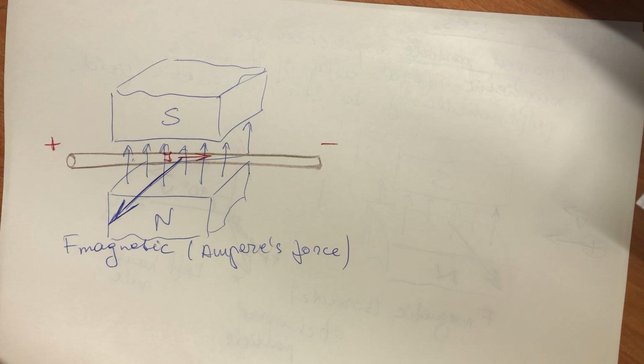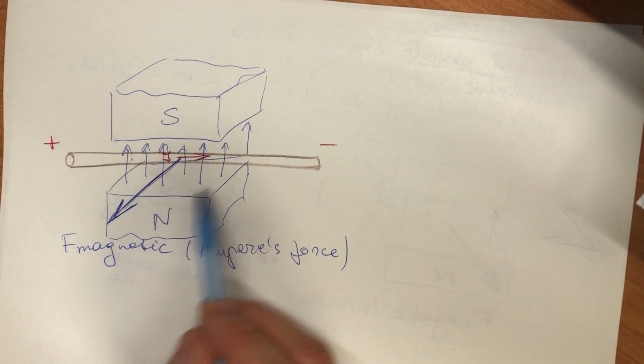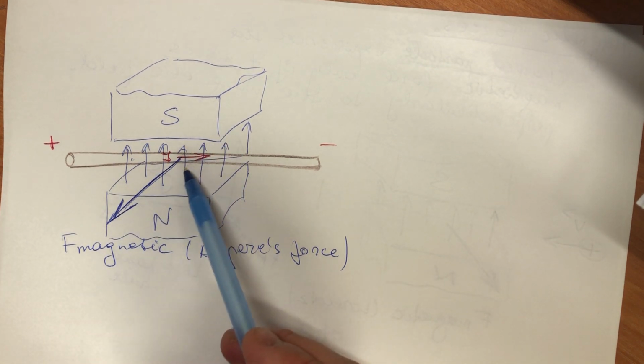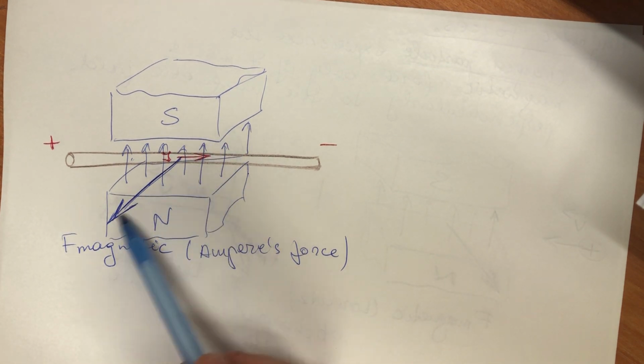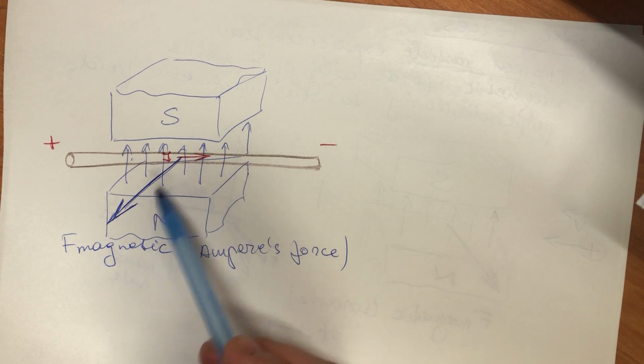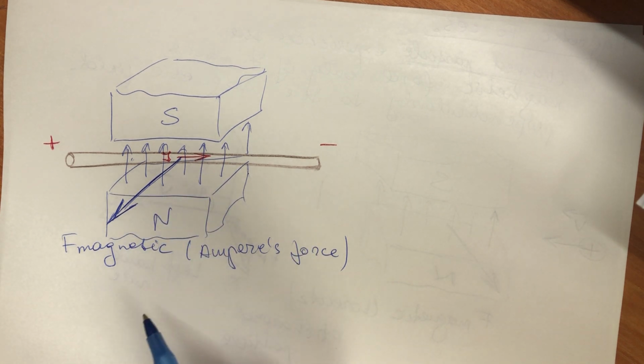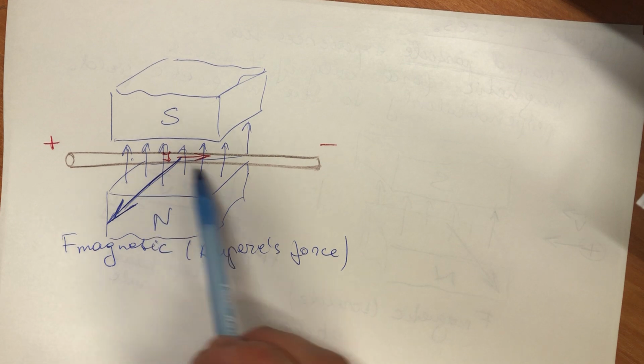So this is Ampere's force, and this is called Ampere's law, that a magnetic field provides force on the current, so on a current carrying wire.